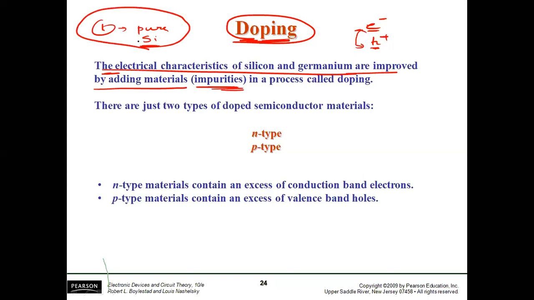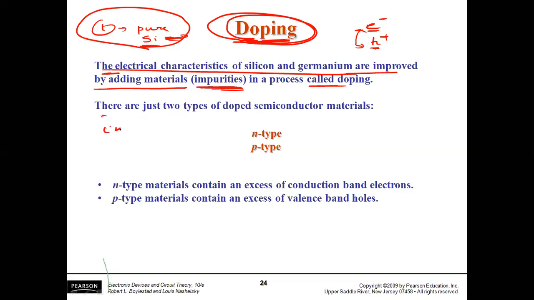So production of pure silicon crystal is mandatory. After that you deliberately add impurities, and this deliberate adding of impurities is termed doping. If any other impurity remains in it, then it is not going to help us. That is called doping.